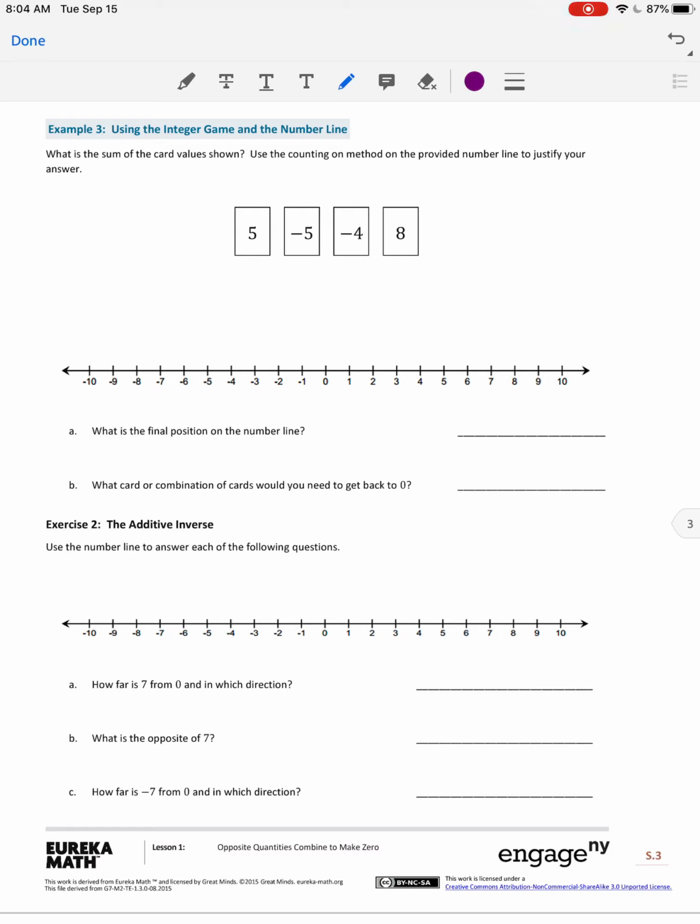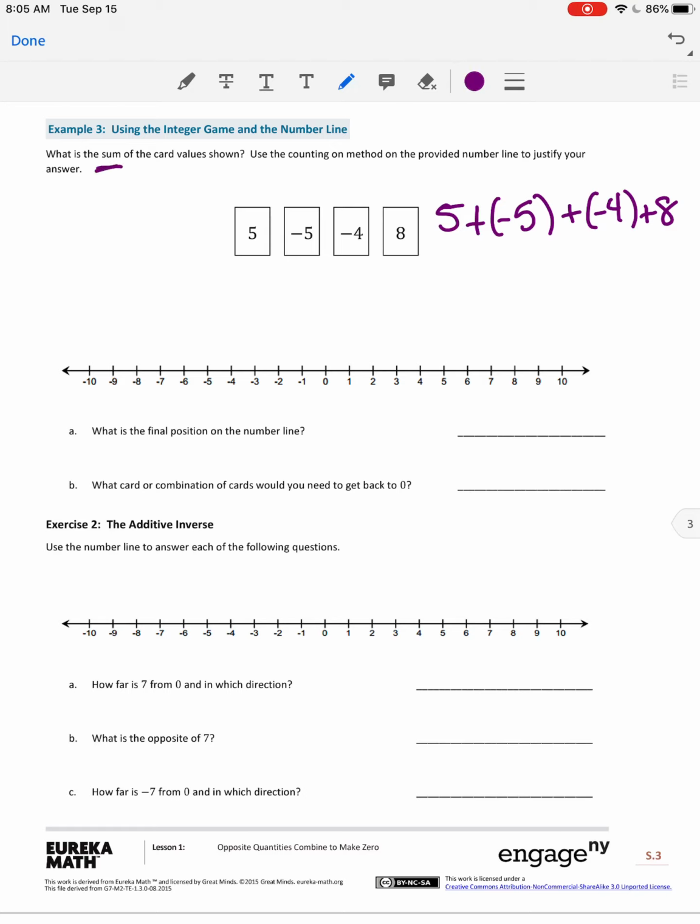So if I want to find the sum of 5, -5, -4, and 8, I'm also thinking about a number sentence that looks like 5 plus -5 plus -4 plus 8, because sum means to add, right?